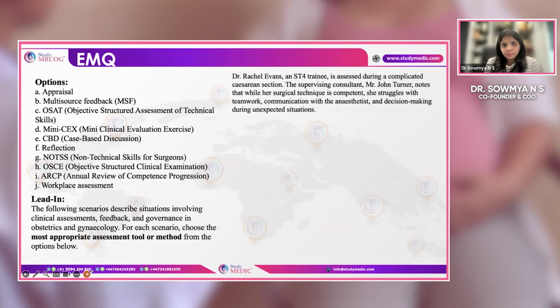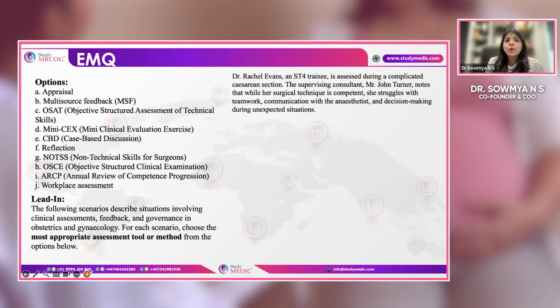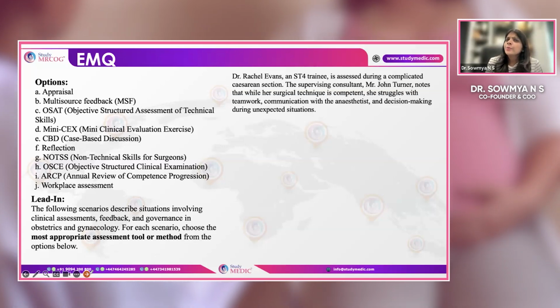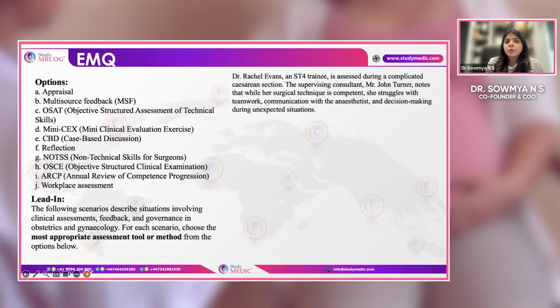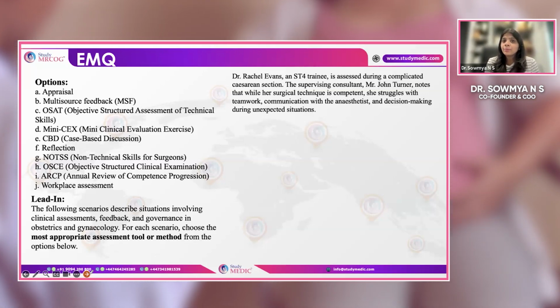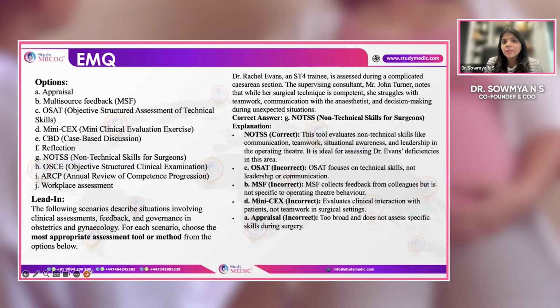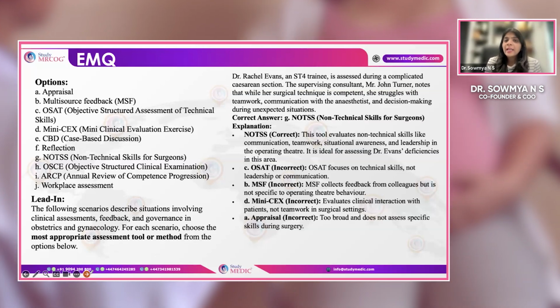The next one, again, assessment tool. Dr. Rachel Evans, an ST4 trainee, is assessed during a complicated cesarean section. Supervising consultant Mr. John Turner notes that while her surgical technique is competent, she struggles with teamwork, communication with the anesthetist, and decision-making during an unexpected situation, which is nothing but the softer skills, the non-technical skills, or NOTSS.